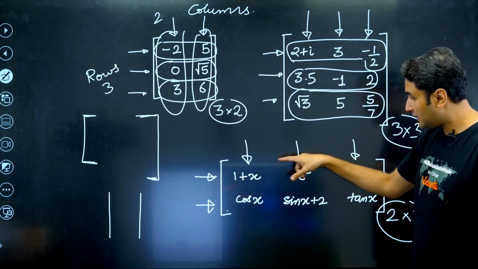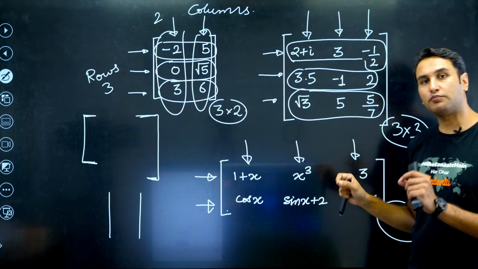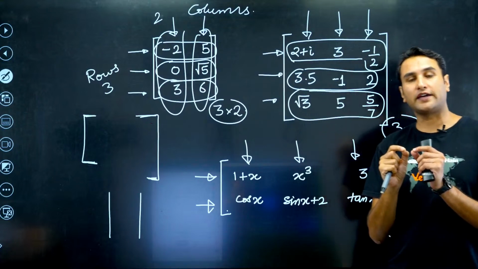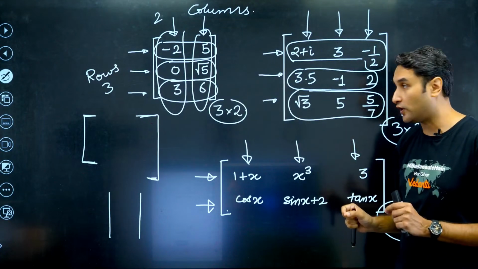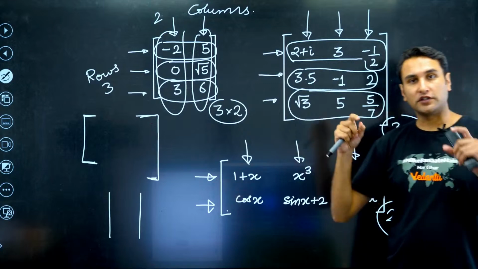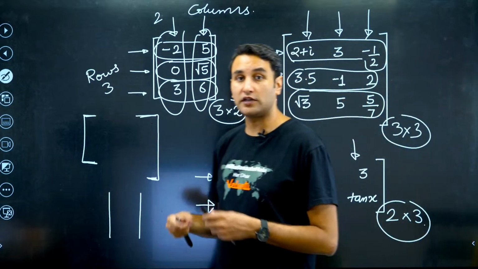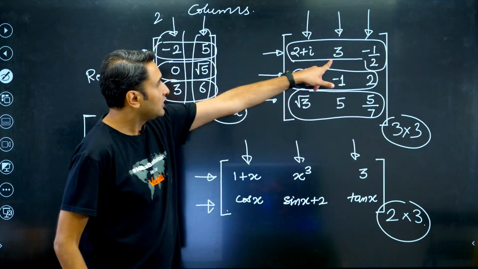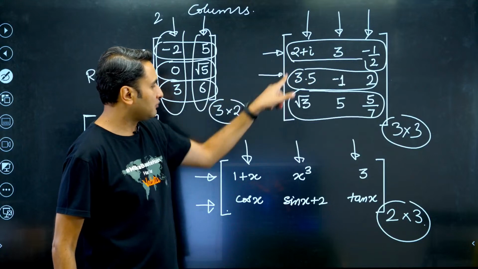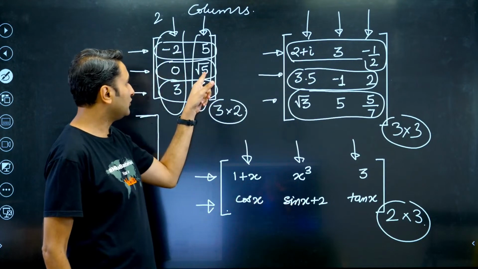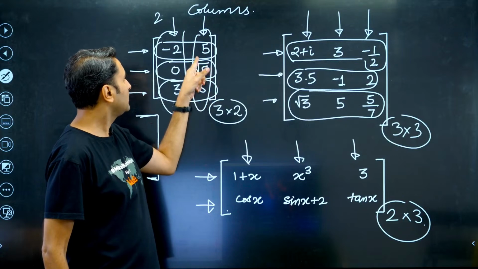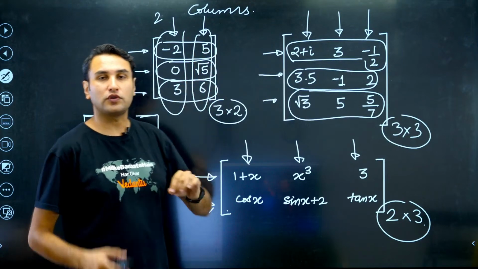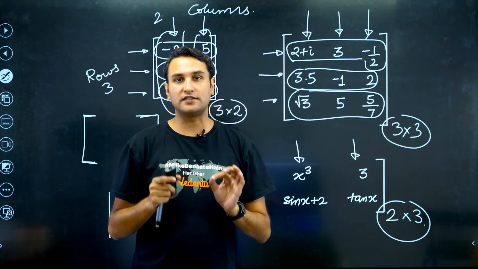So, inside a matrix, I can put a number or I can put a function as well. Remember, I can put real numbers, complex numbers, whatever numbers. So, real number, complex number, function, irrational number, integer, you can input anything inside a matrix.